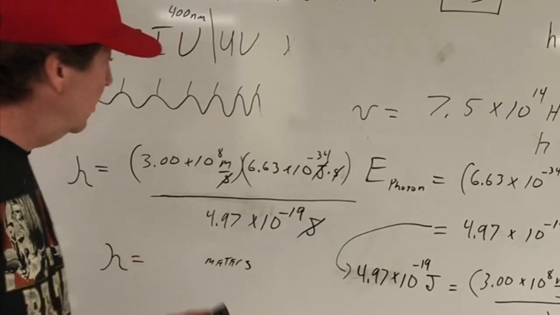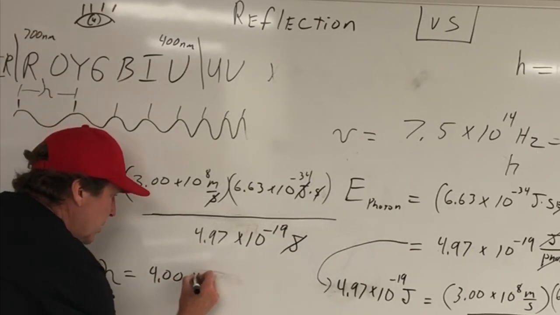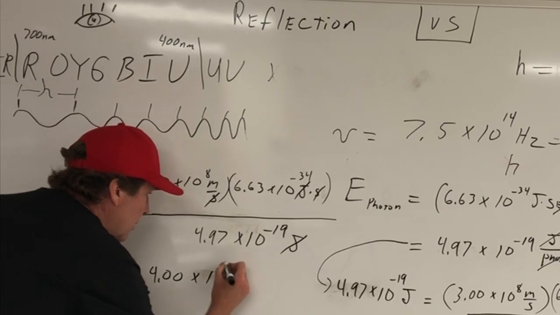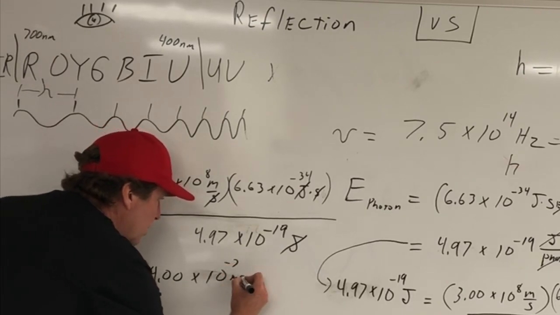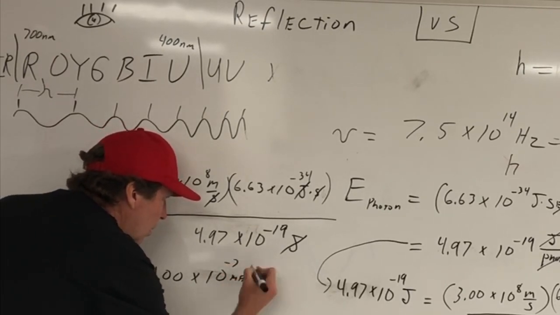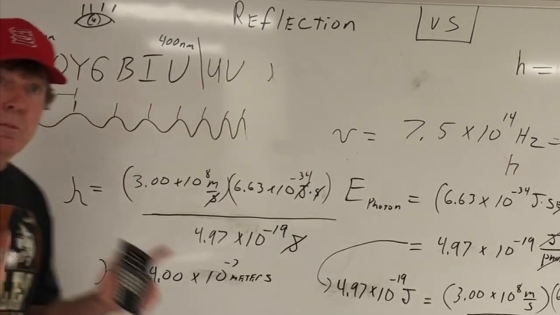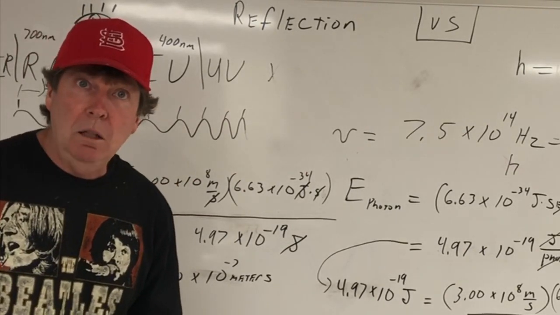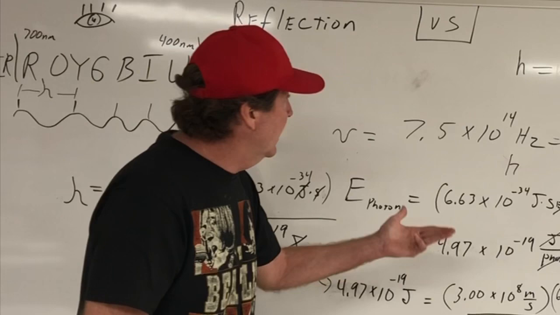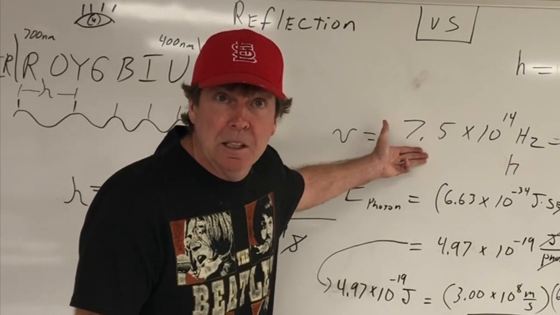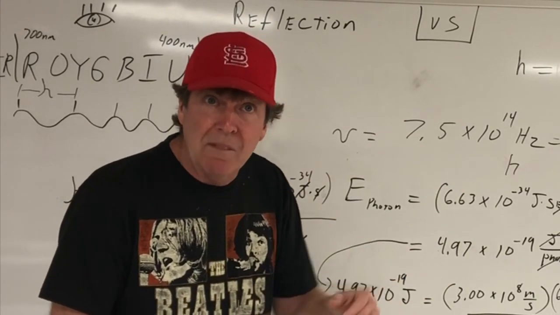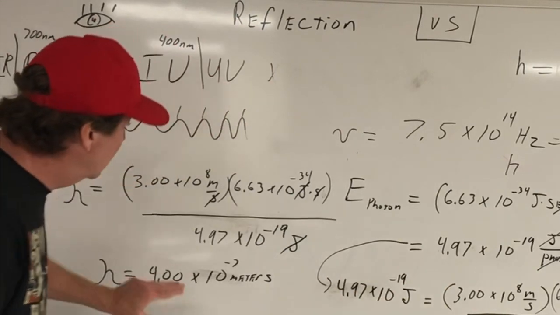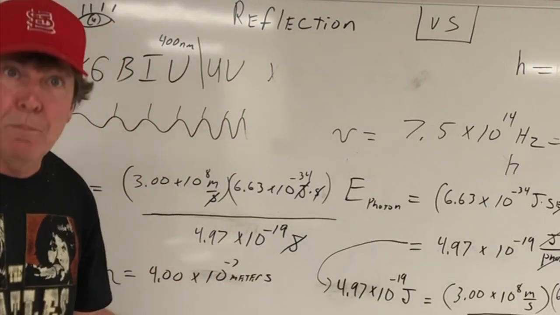So let's do that. 4.00 times 10 to the negative 7th meters. There's my wavelength, very, very small, but my frequency is very, very high, so you'd expect with those small wavelengths, higher and higher frequency. So now, convert that to nanometers.